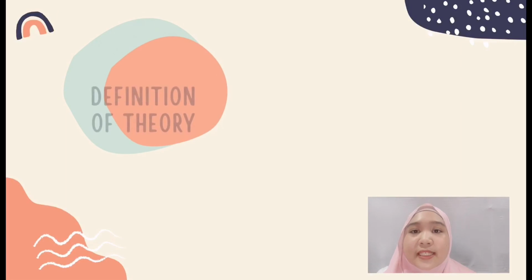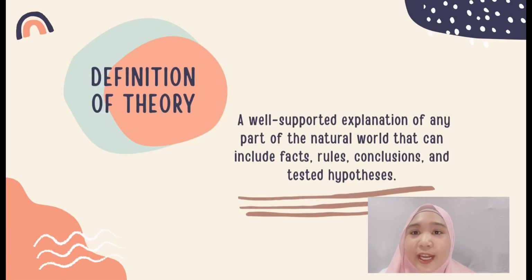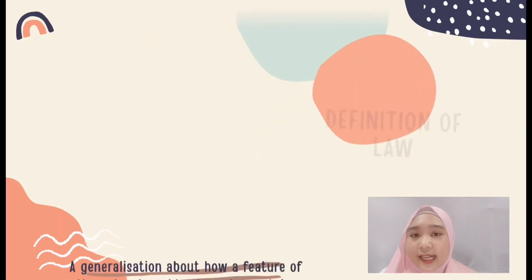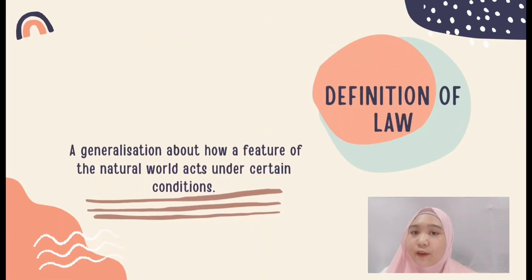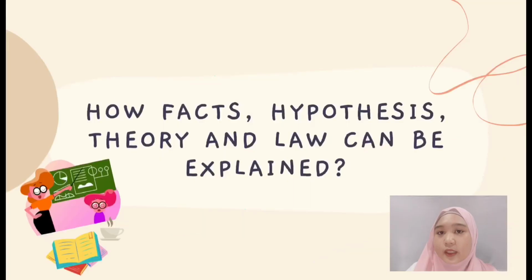Theory: a well-supported explanation of any part of the natural world that can include facts, rules, conclusions, and tested hypotheses. Lastly is law: a generalization about how a feature of the natural world acts under certain conditions.